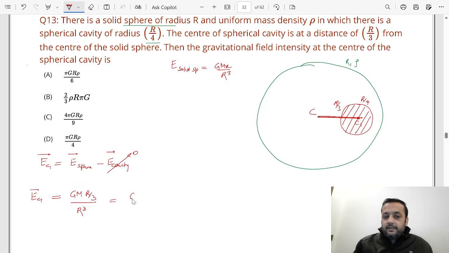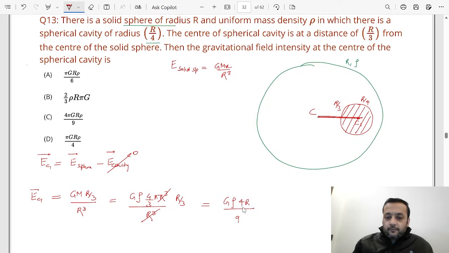And how will you write the value of M? M is the mass of the entire sphere, which is nothing but density into volume, 4 by 3 pi R cube. From here R cube and R cube will get cancelled. So this becomes G into rho into 4R by 9.